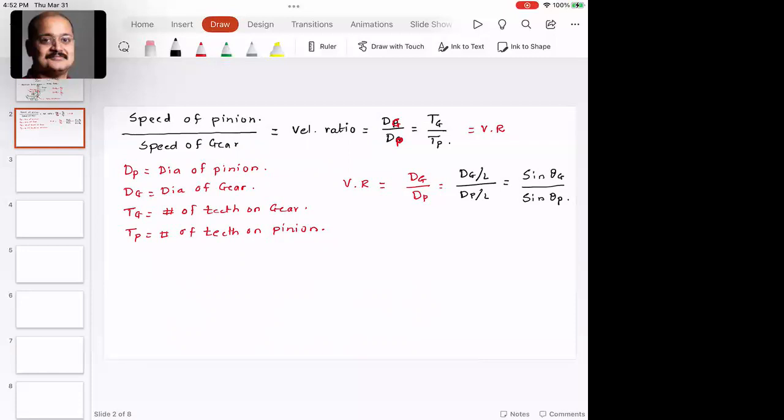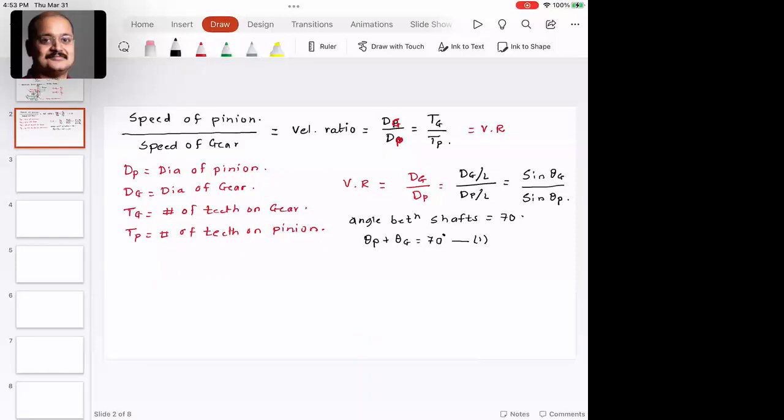So for example, what they would do is they will give you the angle between shafts, equal to say 70 degrees. What that means is theta p plus theta g is equal to 70 degrees. This is one equation. But to proceed with the design calculations, we should know the individual values of theta p and theta g. And one way to find this is use these two equations.